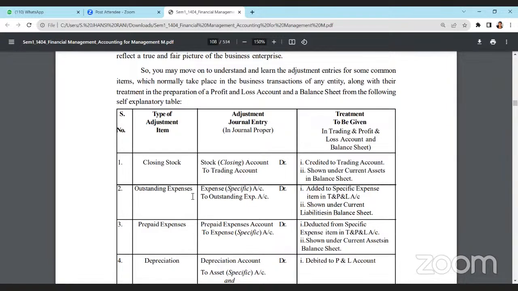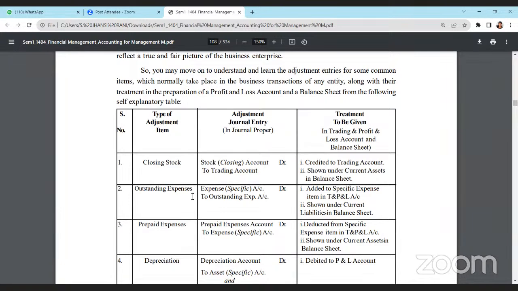Here, for outstanding expenses, for example, they give an outstanding salary. To that respective expenditure, we will add it. The first adjustment will be, we will add to the respective expenditure, whether it may be trading account or profit and loss account. And the other effect, we take it in the balance sheet liability side.